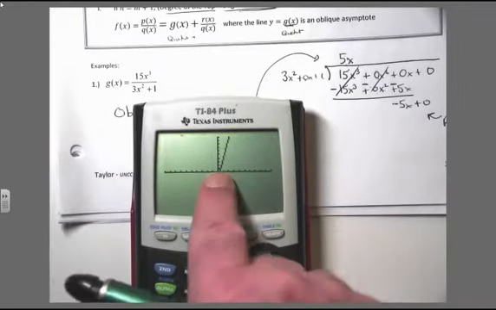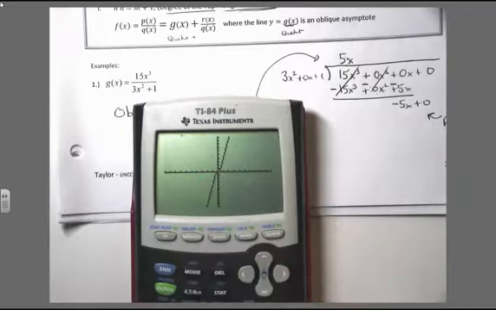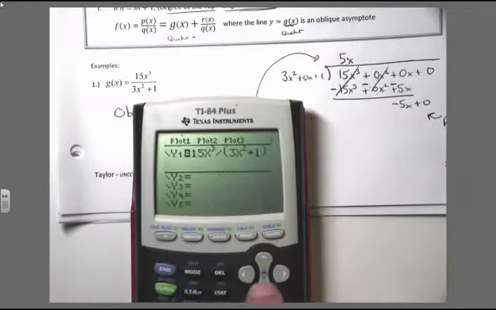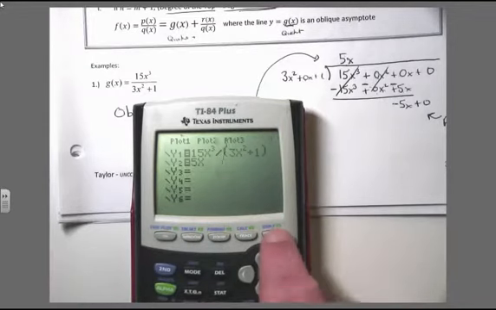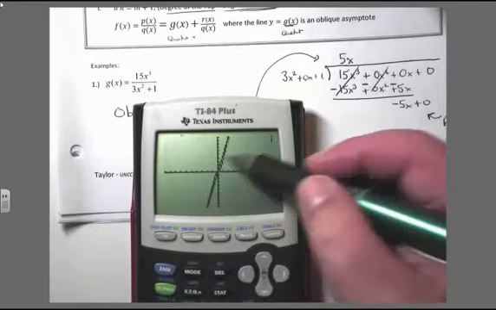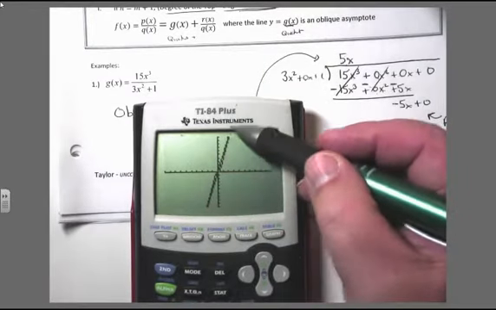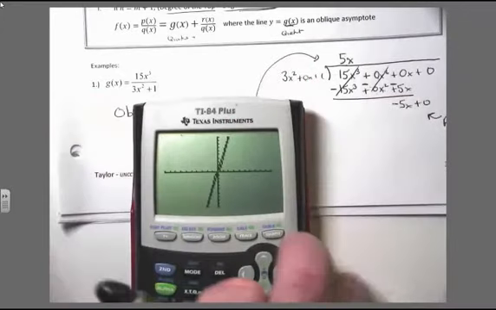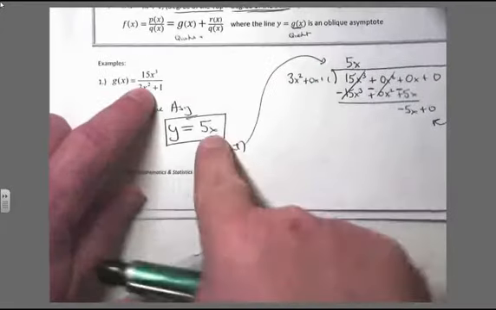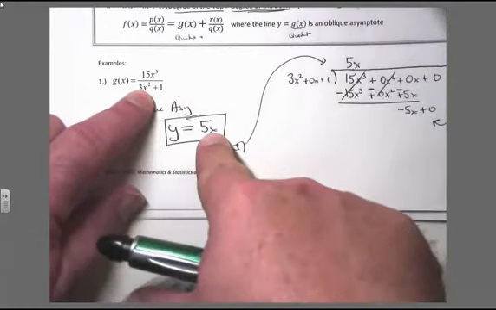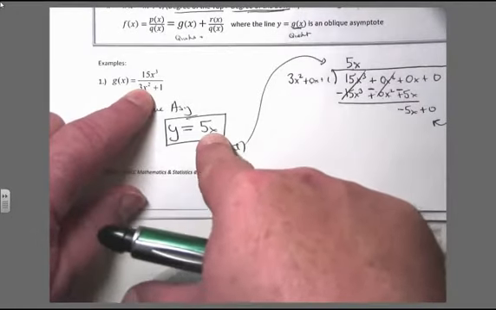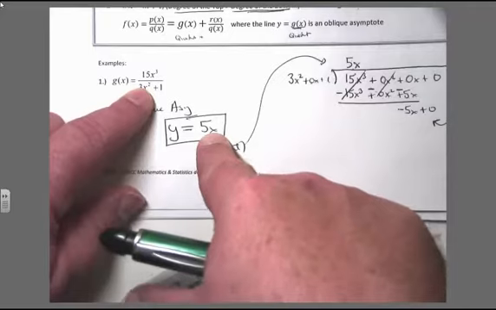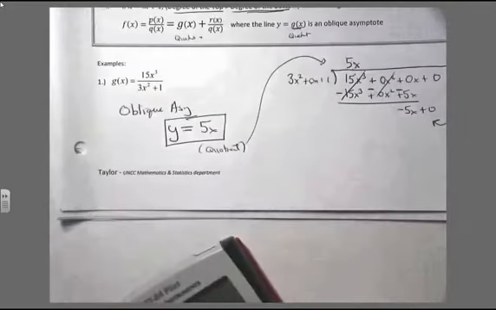And you got some weird stuff going on in the middle. But what is the oblique asymptote? If I go over here under y equals and just graph 5x, it's not the same in the middle. You got this little blip here, but as x gets bigger and bigger and bigger, these two lines get very close to each other. Basically, this function turns into this function as x goes to infinity and x goes to negative infinity. That's what the slant or oblique asymptotes do. That's actually what all asymptotes do.